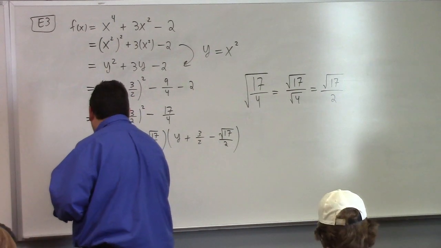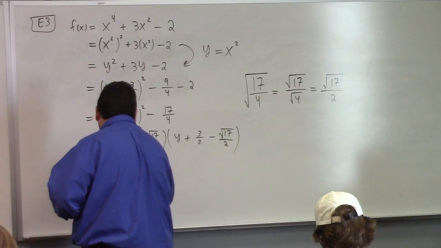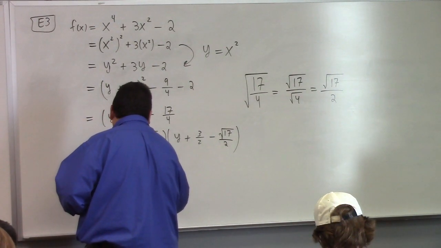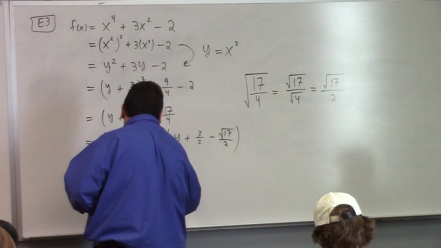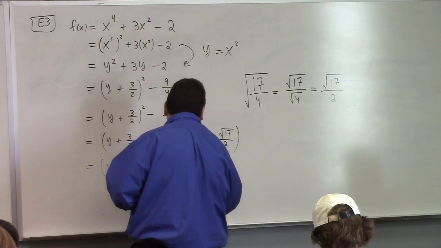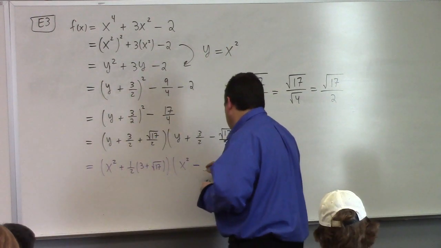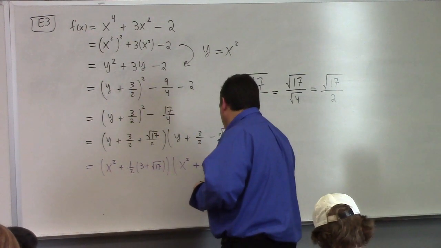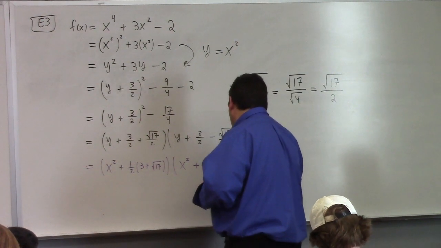See, because this is x squared plus 1/2 of 3 plus the square root of 17, times x squared plus 1/2 of 3 minus the square root of 17.